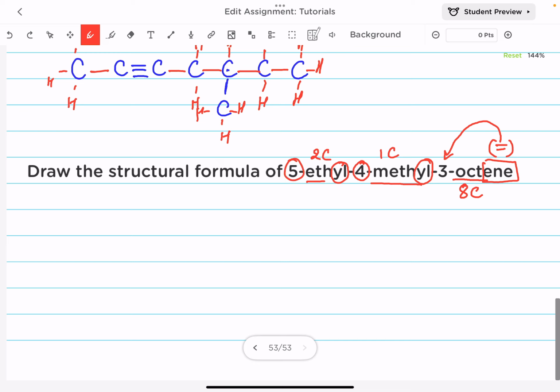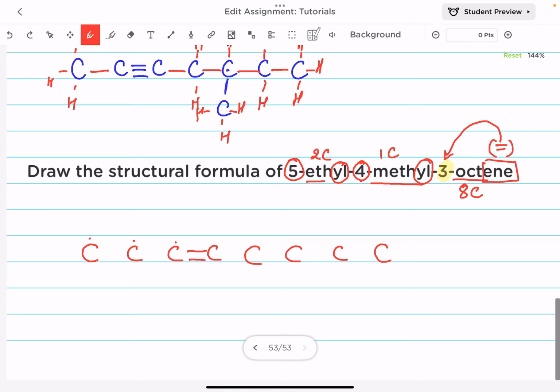So let's begin by drawing 8 carbons. 1, 2, 3, 4, 5, 6, 7, and 8. As I mentioned, on the 3rd, I have a double bond. 1, 2, 3. Here's the double bond.